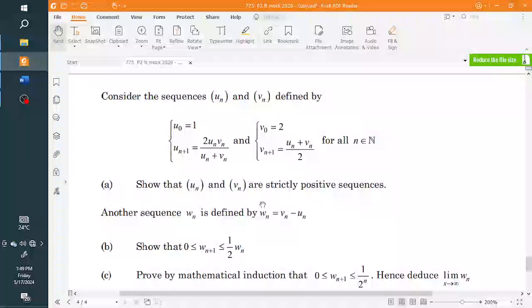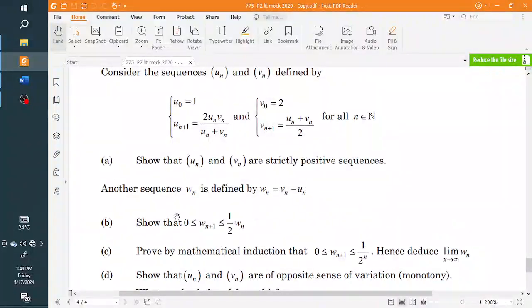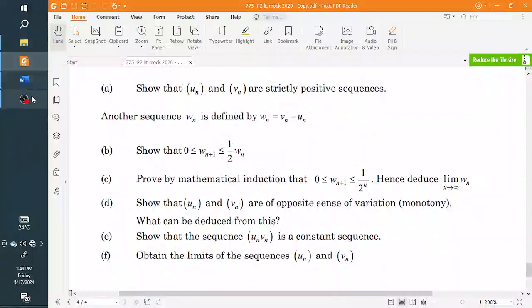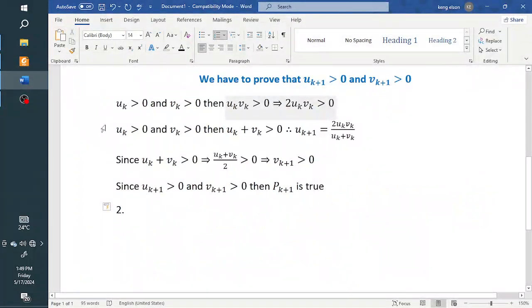Let me go to the equation. Another sequence w_n is defined by this. So w_n is v_n minus u_n.